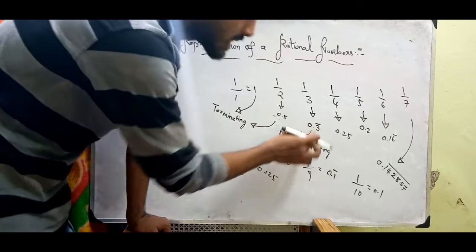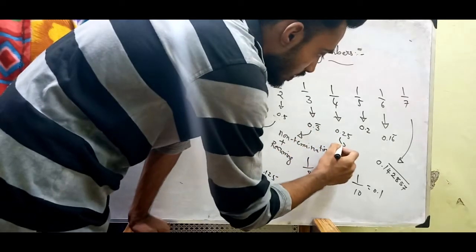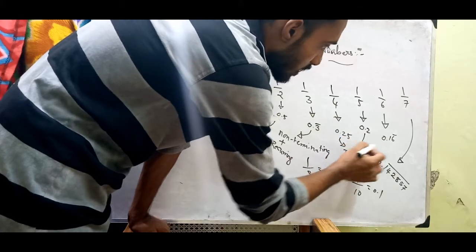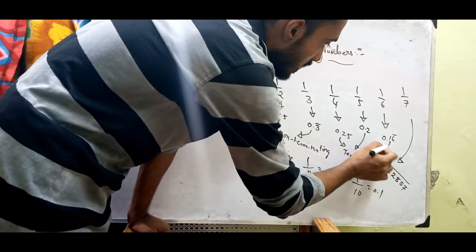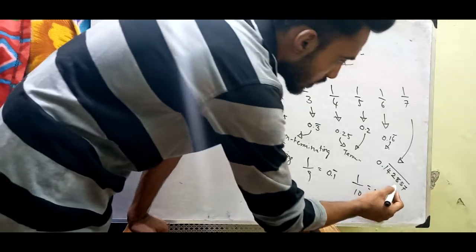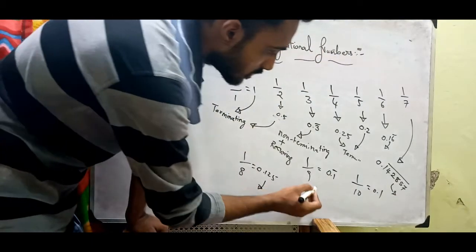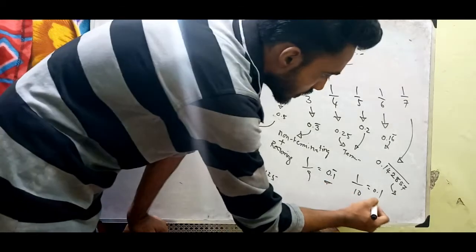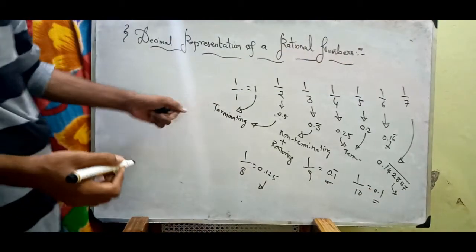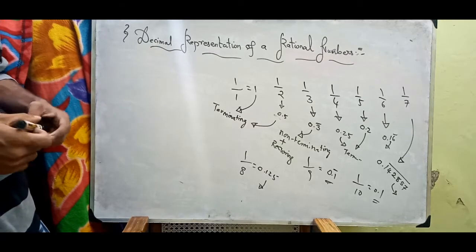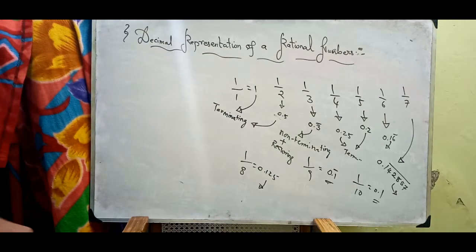The period of decimal, which is 3, repeats every time, right? So this is a terminating number, and this is also a terminating number. This is non-terminating plus recurring, and this is also non-terminating and recurring. So these are all the rational numbers represented in the form of decimals. Got it? We can move to the next.